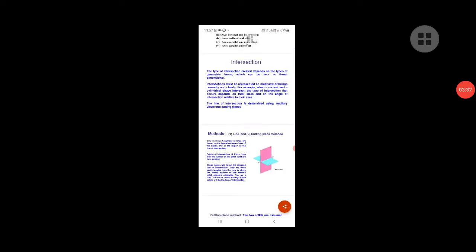There are two types of method. First is the line method, second is the cutting plane method. In the line method, a number of lines are drawn on the lateral surface of one of the solids in the region of intersection. The points where these lines meet the surface of the other solid are then located.